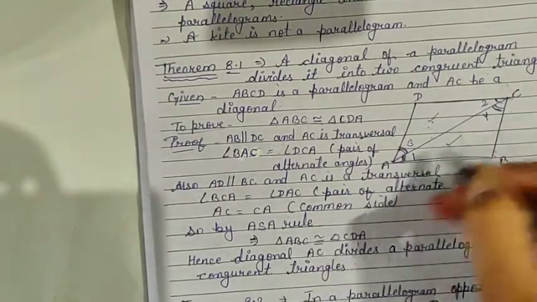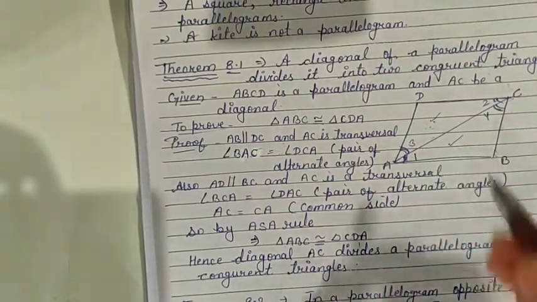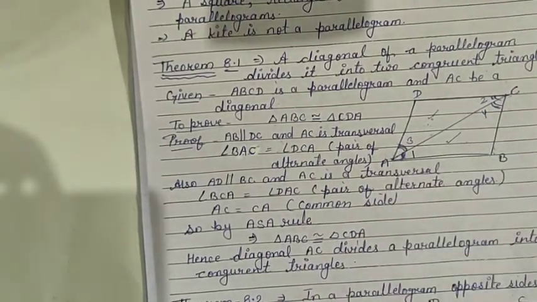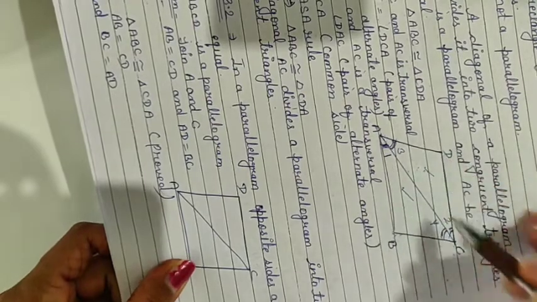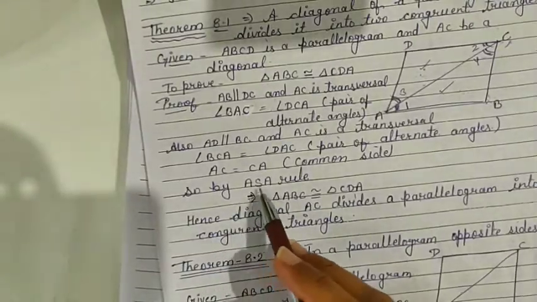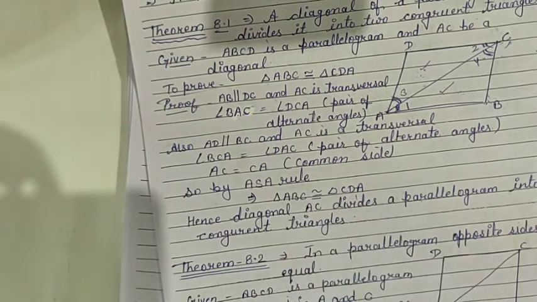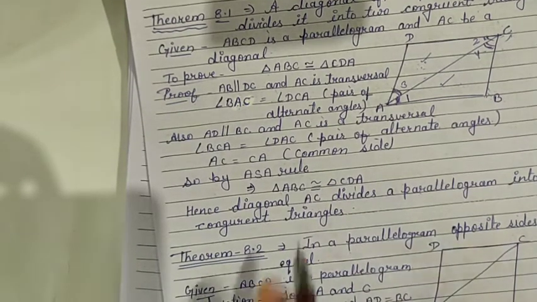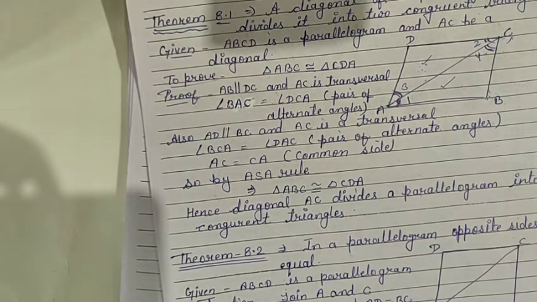Angle 1 equals angle 2 and angle 3 equals angle 4 by the property of alternate angles, because AB is parallel to CD, BC is parallel to AD and AC is a transversal. So by the ASA rule, triangle ABC is congruent to triangle CDA. Hence diagonal AC divides a parallelogram into two congruent triangles.